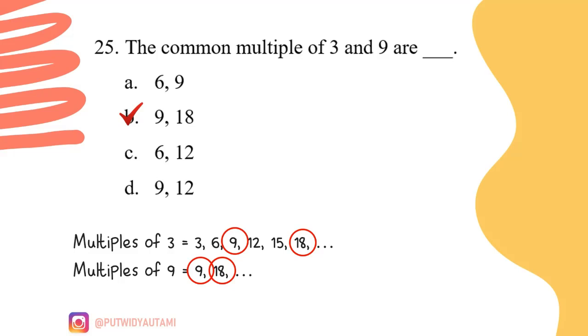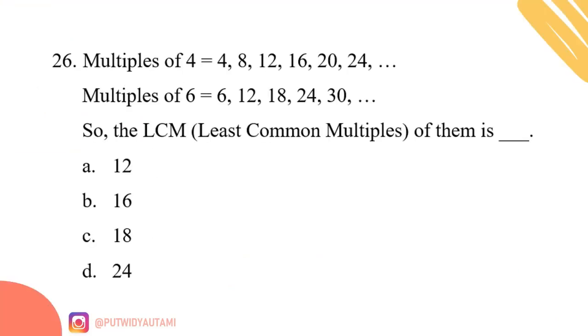Now is 26. Multiples of 4 are 4, 8, 12, 16, 20, 24, and so on. The multiples of 6 are 6, 12, 18, 24, 30, and so on.